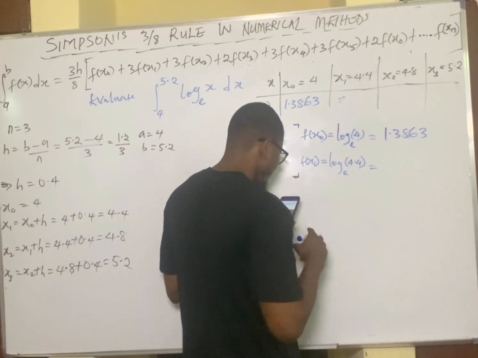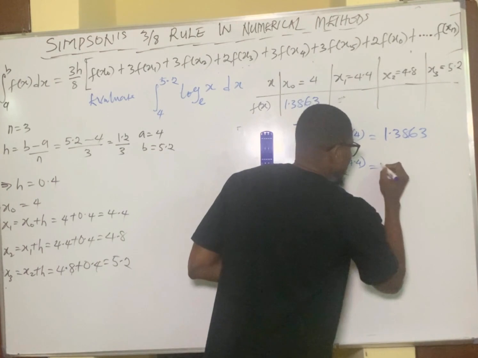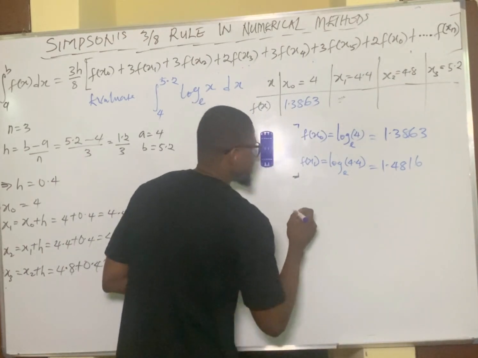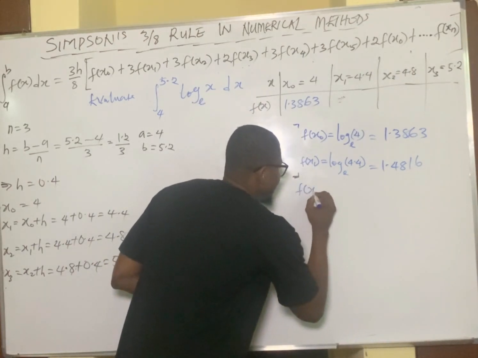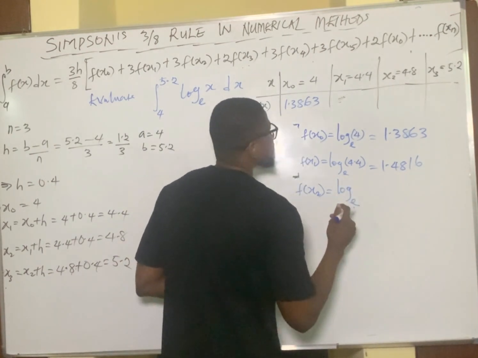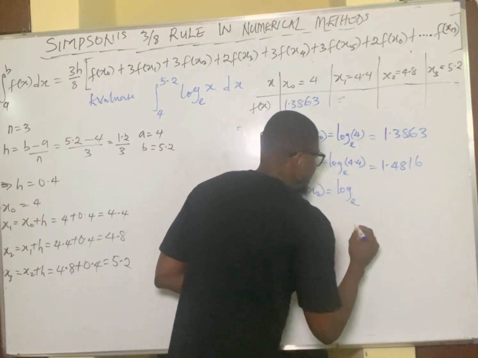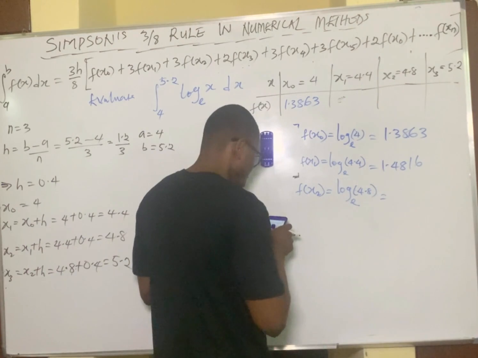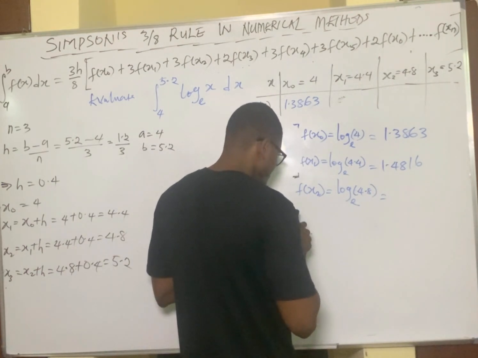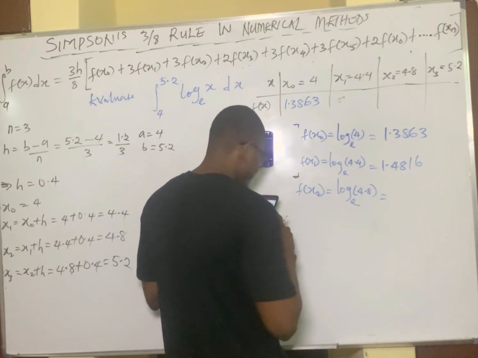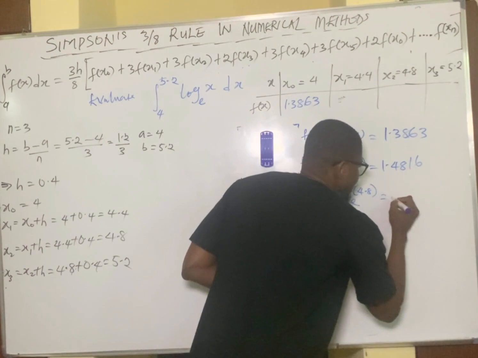That gives us 1.4816 approximately. Next, you find f of x2. This is going to be log to base e of x2. x2 is actually 4.8, so let's find natural log of 4.8. That simply gives us 1.5686 approximately.